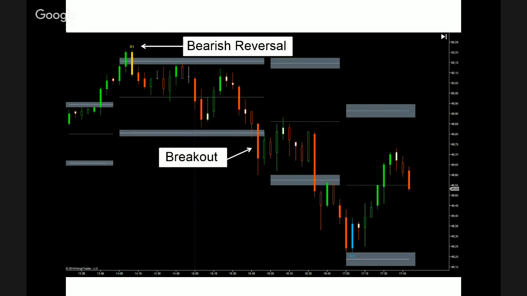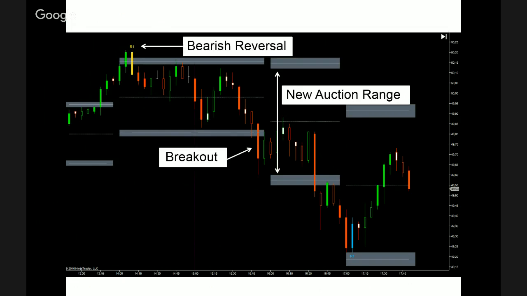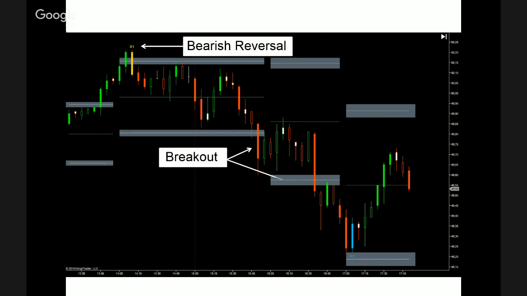It's an outside close from this range. And from now on, we have a new auction range plotting, painting horizontal lines of the last 60 minutes. And then there is a new breakout here, again to the downside. And finally, we do find a lower low with a higher close at this new auction range low, marking a reversal up pattern.